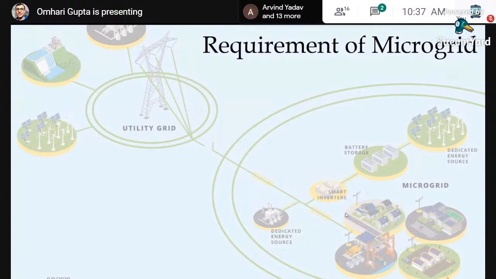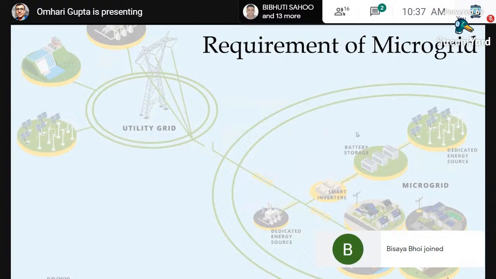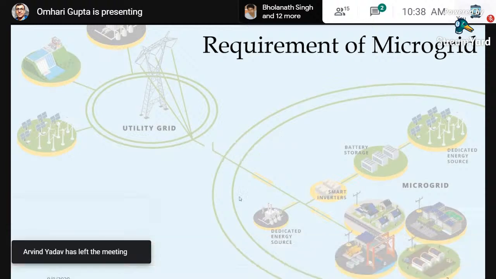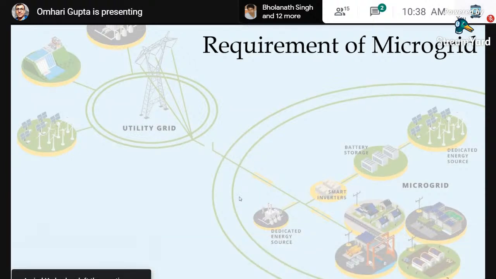But now, in the presence of these renewable generations and battery energy storage, this entire network has become an active network. It is sometimes possible to operate this distribution system in an autonomous mode. Okay, and this active distribution system can be called a microgrid.